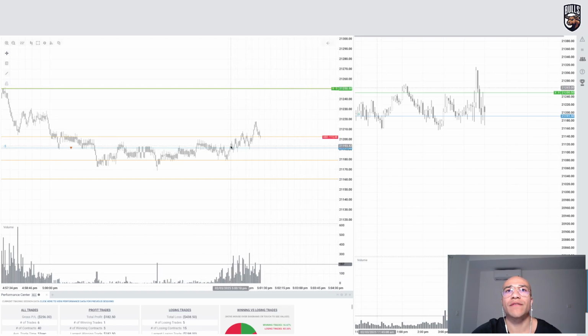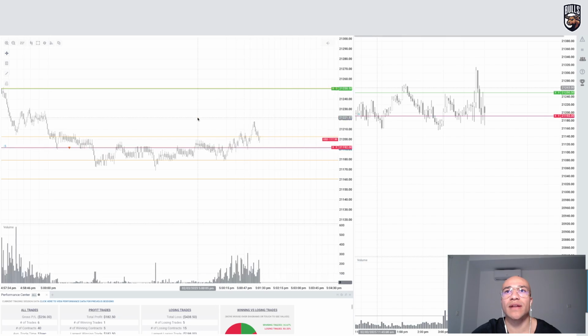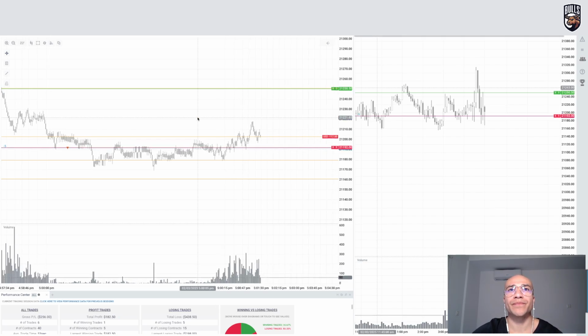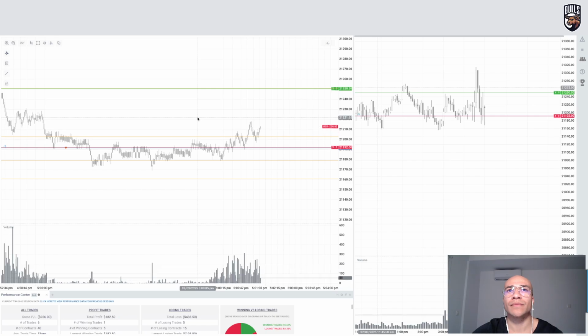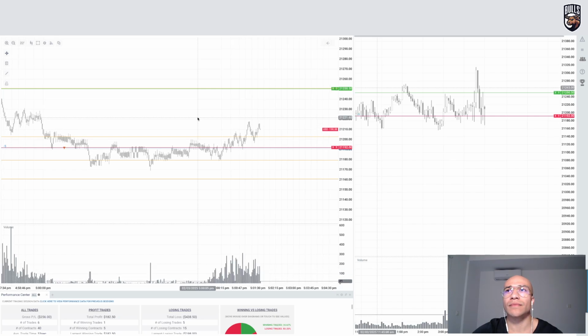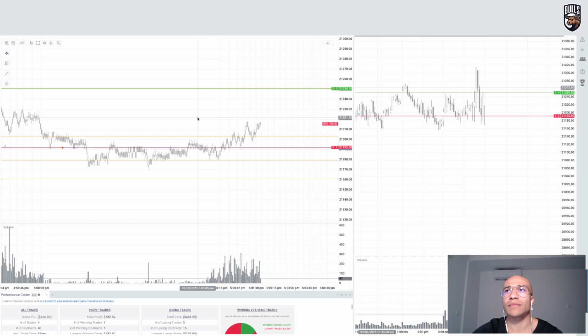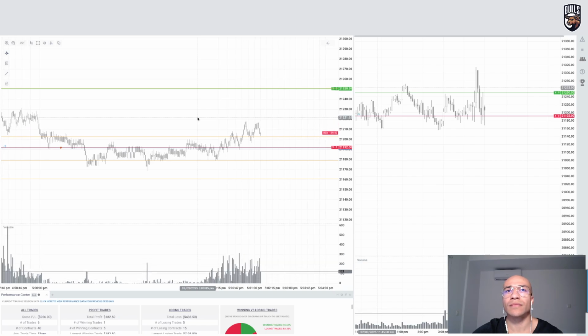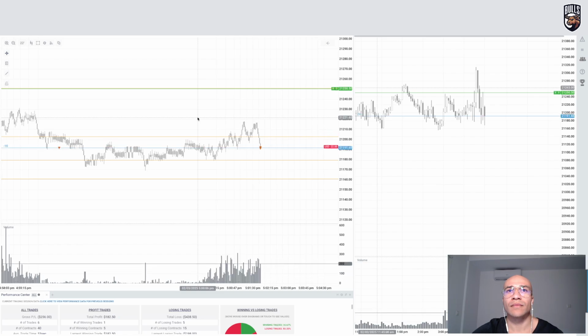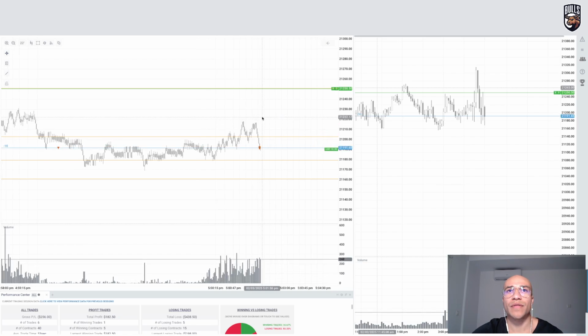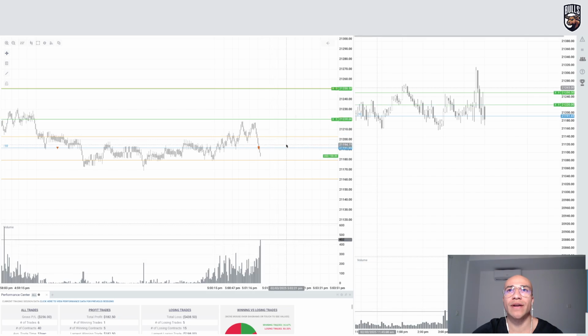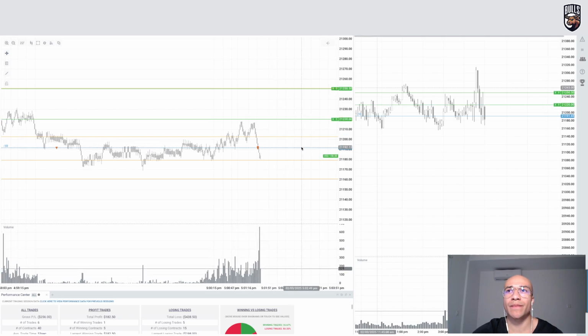So I would definitely add for the break of 200. I would add another sell position, a sell limit order at 90, but with this one having a tighter stop right at 220.